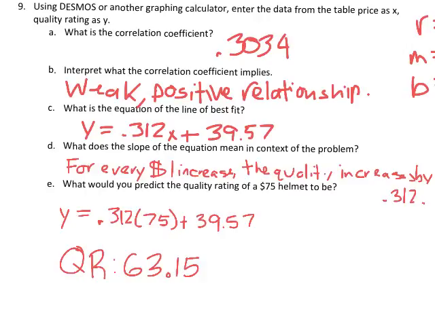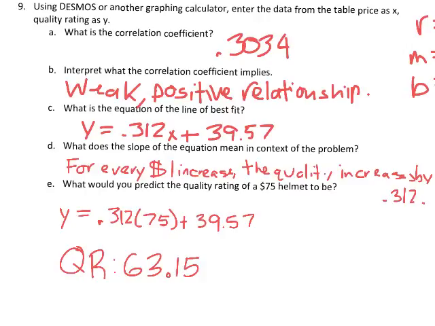Again, Desmos will spit out a slope and a y-intercept for that line of best fit. Lines of best fit are great for predicting. That's the main reason that we use them. Number one, so we can get a more accurate portrayal of what the relationship is doing. And number two, to be able to predict, just like we did. If I am willing to spend $75 on a helmet, I should expect to get a quality rating of 63.15 out.